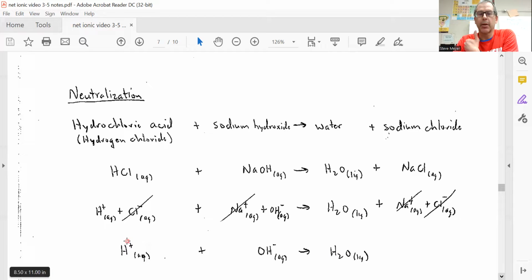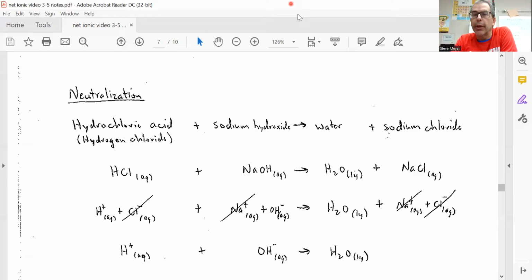The acid cancels out with the base, forming water, and the salt, sodium chloride, remains as spectator ions in solution. So this would be the molecular equation, then the total ionic equation, and after crossing out, I get to the net ionic equation. I'm going to get away from the screen share. You'll see those problems in number 3 and 4, so you can work with those.